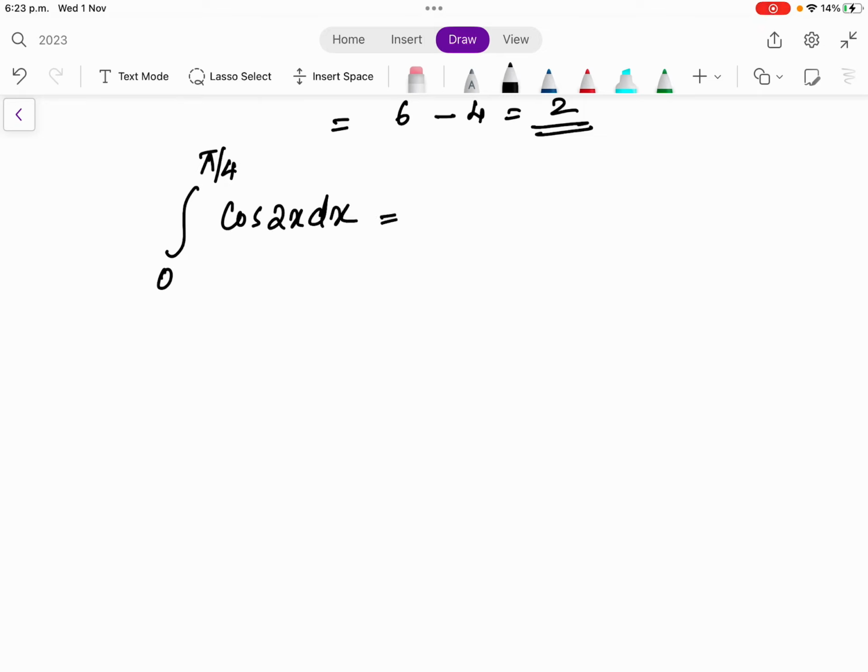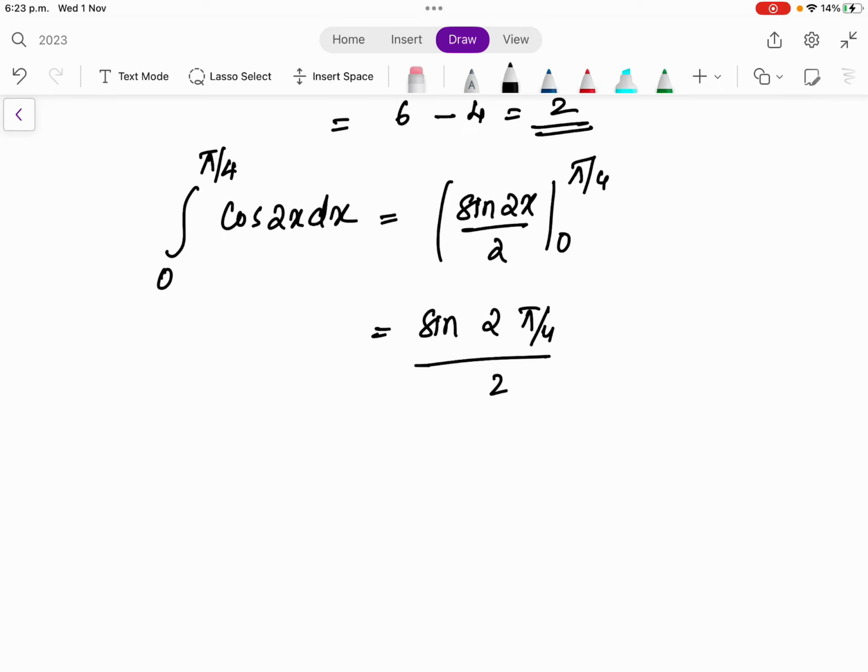The integral of this is sine 2x over 2, and the limits are 0 to pi over 4. So that will be sine of 2 times pi over 4, over 2, minus sine of 2 times 0, over 2, which is equal to half minus 0, which is equal to half.